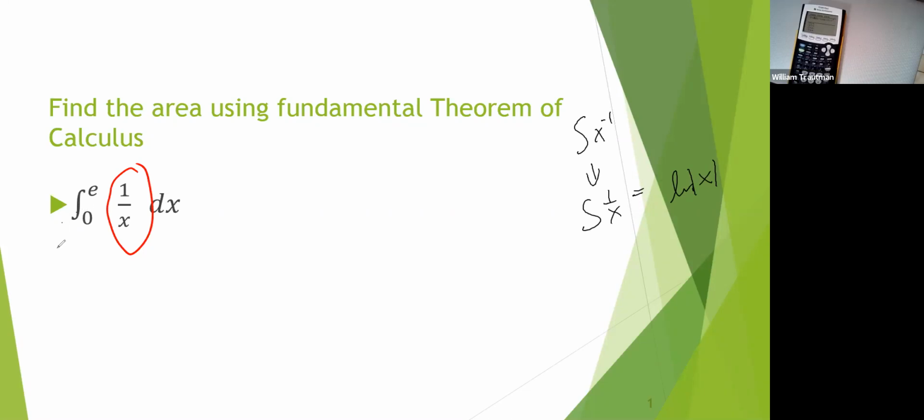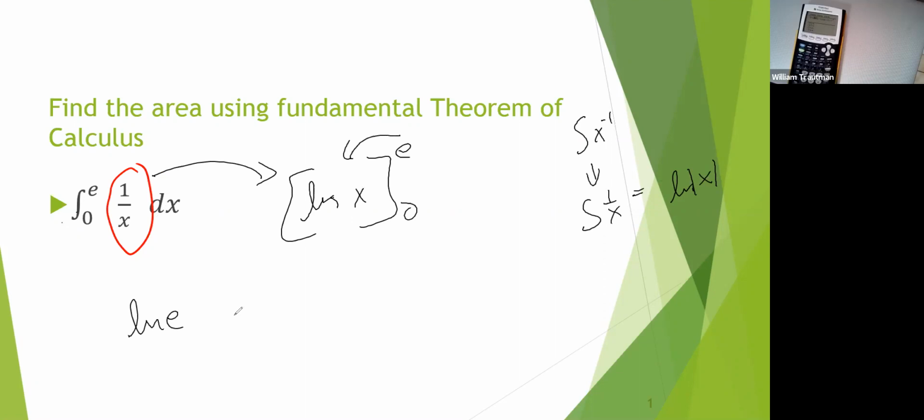So this integration is the natural log of x. And we're integrating from 0 to e. So first you plug the e into it, natural log of e. Then you subtract and plug 0 into it, the natural log of 0. Natural log of e you plug in your calculator, it's 1. It's e to the 1 power. Natural log of e is 1.